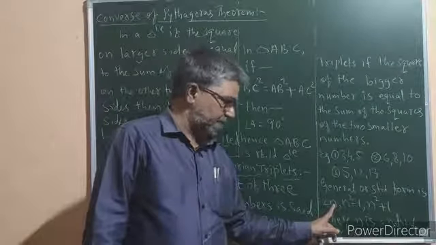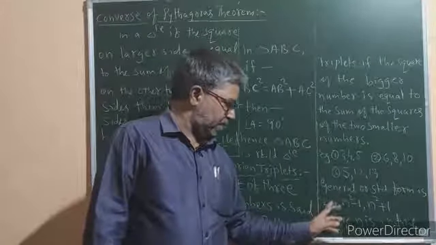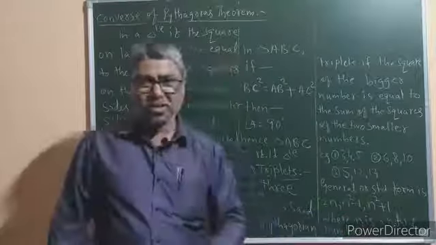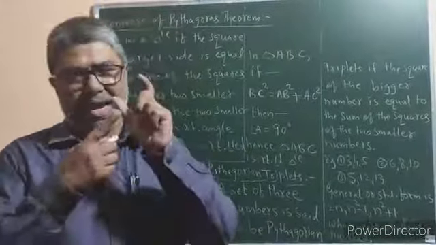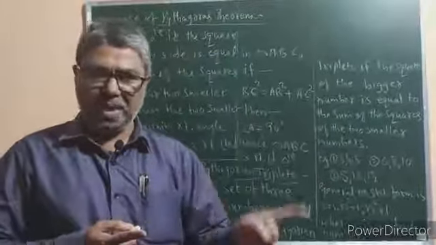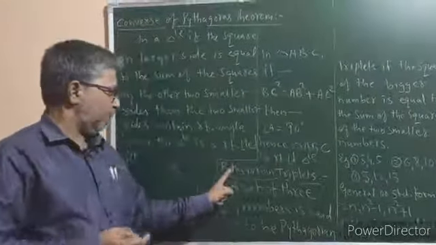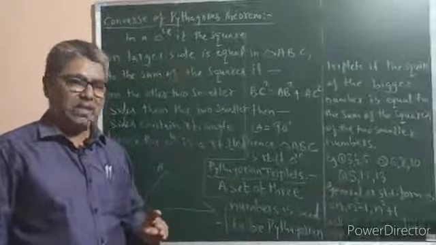You can replace n by any natural number. Then if you find the values of 2n, n square minus 1 and n square plus 1, you will get three numbers, and those three numbers will definitely be Pythagorean triplets. This is how we get Pythagorean triplets from the converse of Pythagoras theorem.